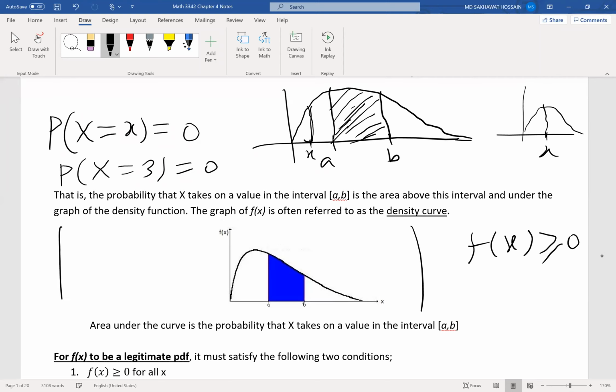If you have a function which has this type of curve, this is not a density function, because below this line the density is negative. This part is negative, but the density curve cannot have negative values since this is probability.